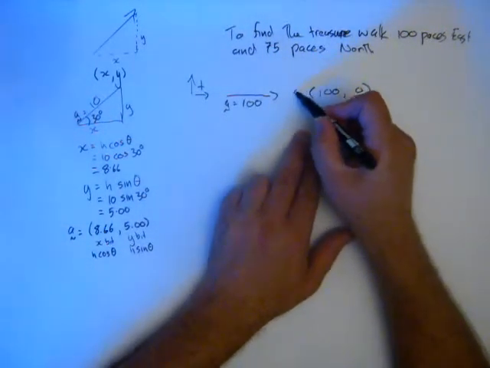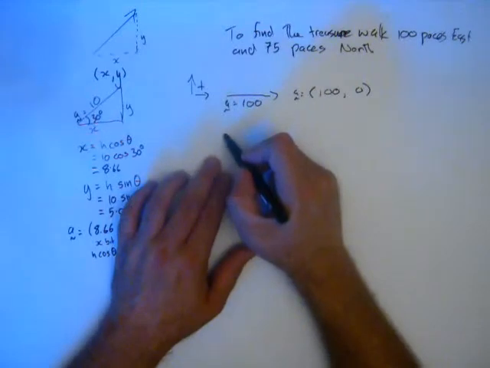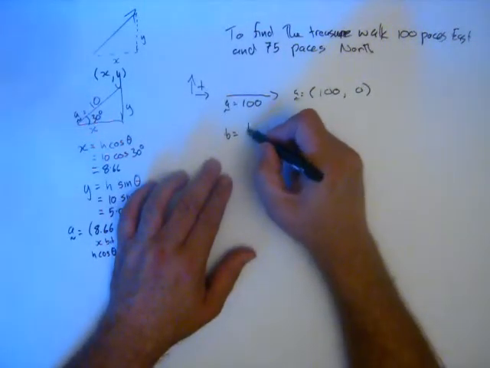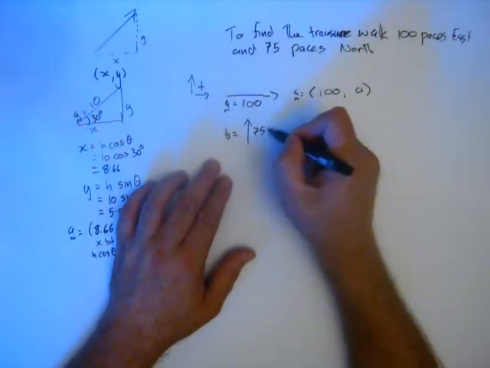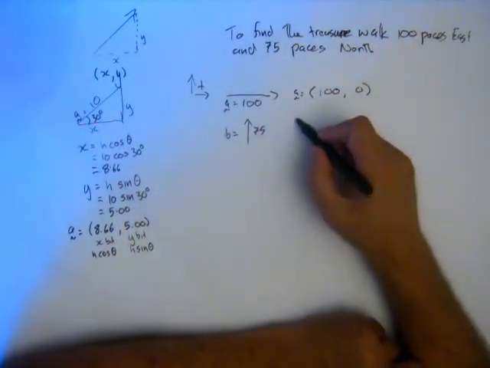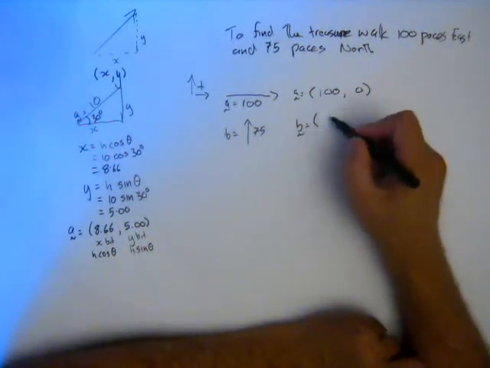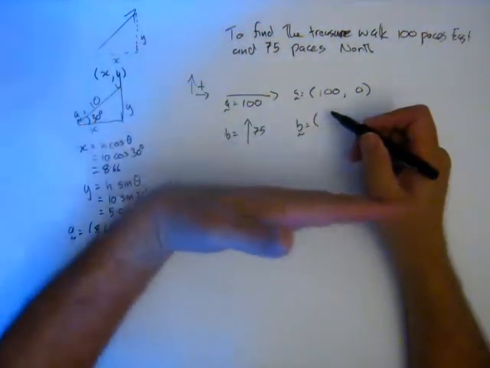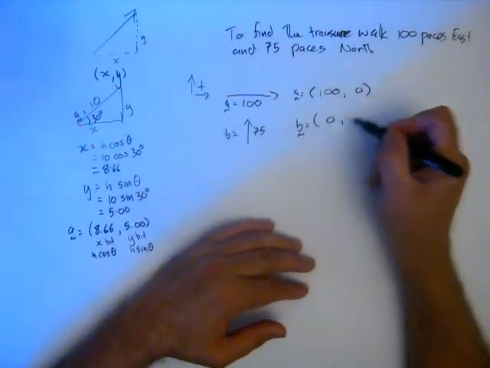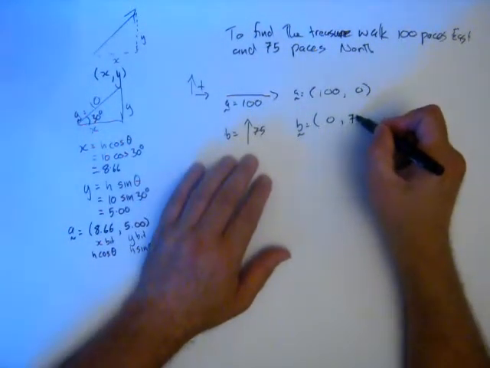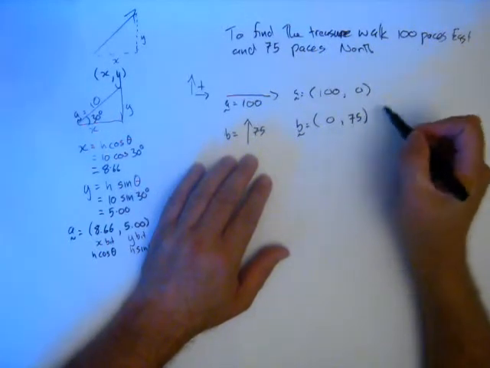B equals 75 paces that way. So B has no x amount, 0, but it's got 75 y.